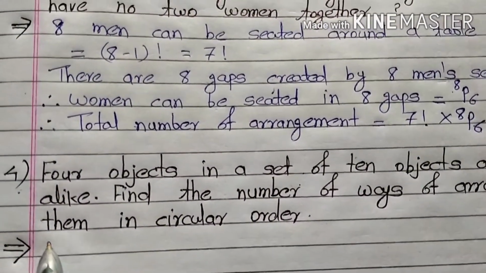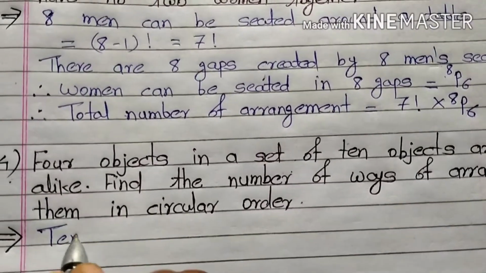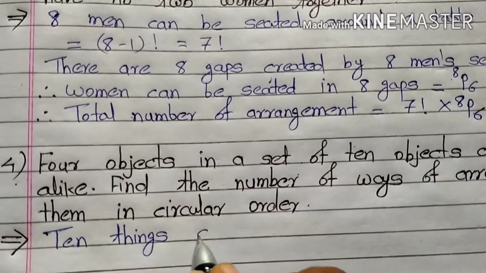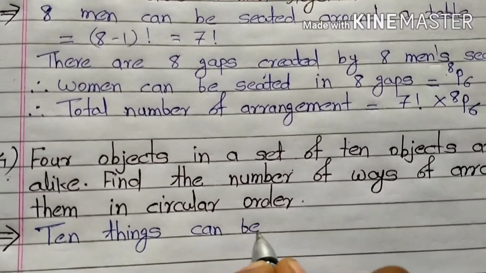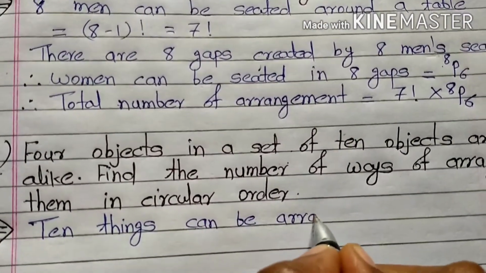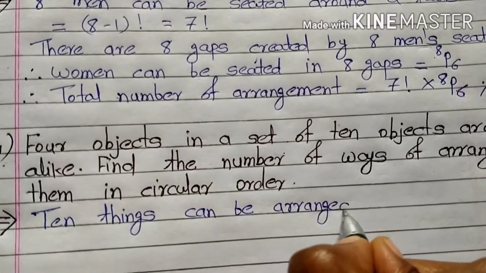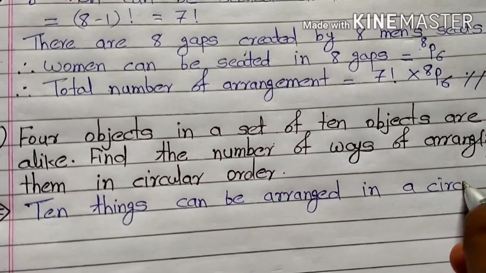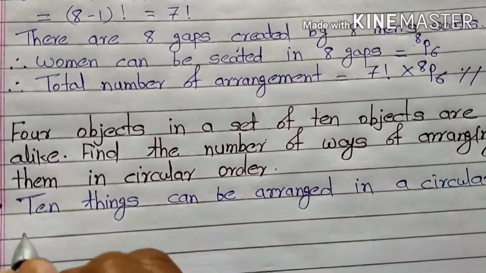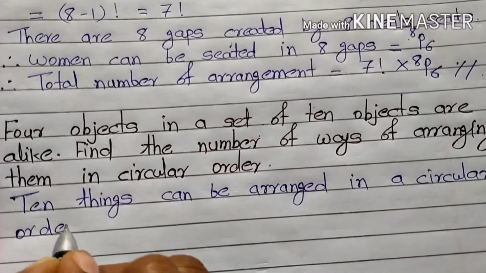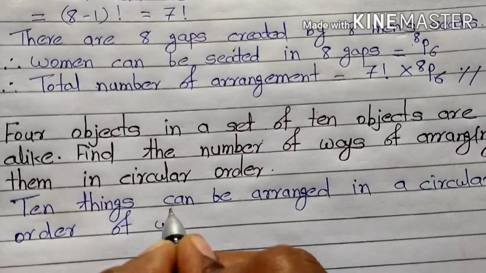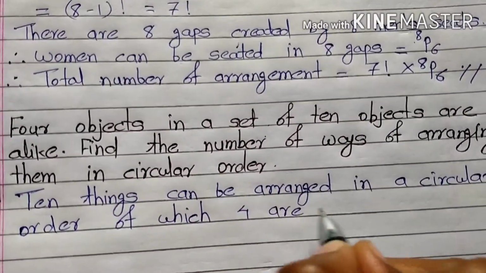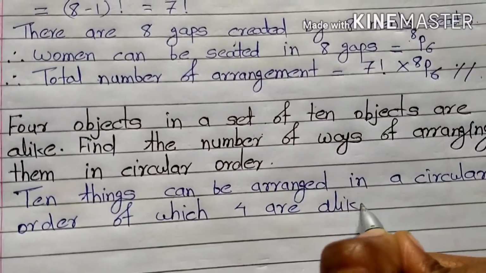So let us start to write. 10 things can be arranged in a circular order of which 4 are alike.